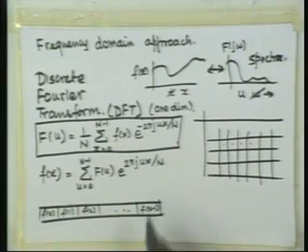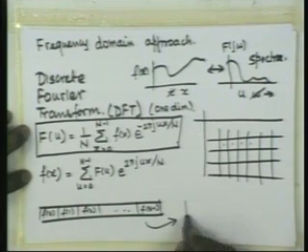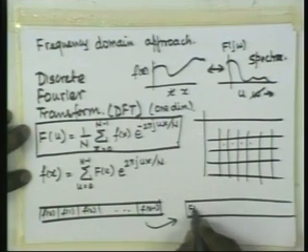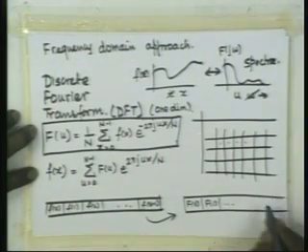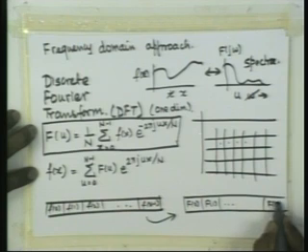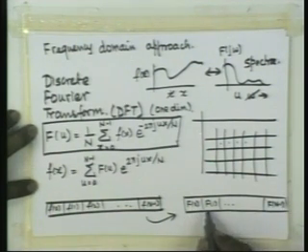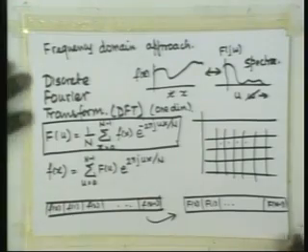When I apply this transformation, then I will get a new set of numbers, F of 0, F of 1, like that up to F of n minus 1, where now these arguments are representing some kind of frequency variation.